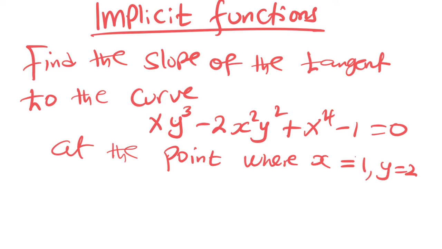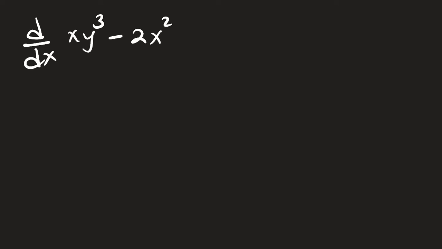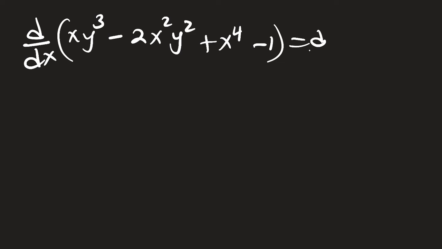So, we take derivatives of both sides with respect to x. So we have d by dx of xy cubed minus 2x squared y squared plus x to the fourth power minus 1, equal to d by dx of 0.